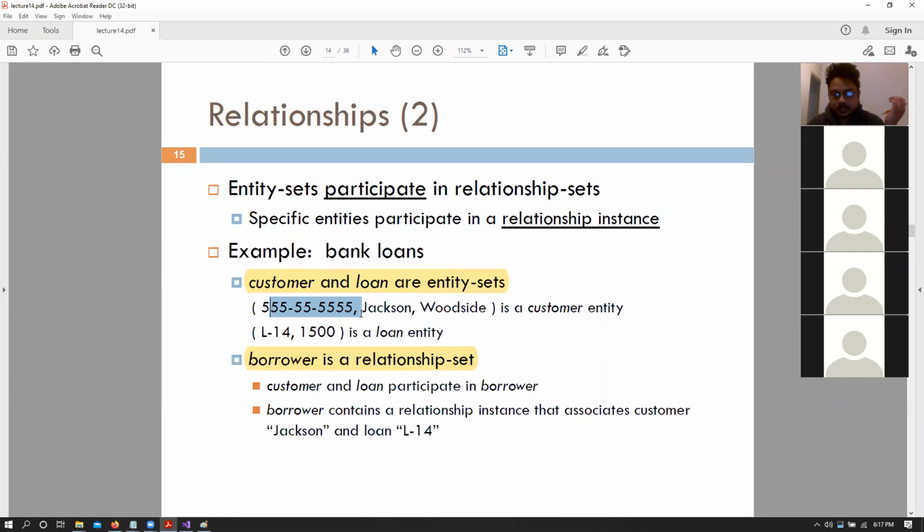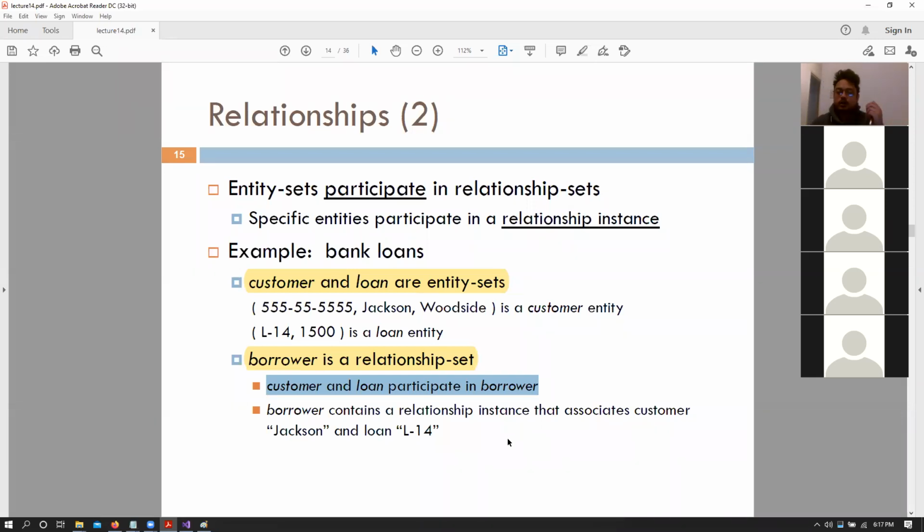So this customer with this phone number, this name, this address is a customer entity that has, let's say, phone numbers, username, and address. This is a loan entity, that is loan ID, comma, the loan amount. The borrower would be a relationship set that joins this customer and this loan, and we say that customer and loan participate in the relationship that is borrowed.